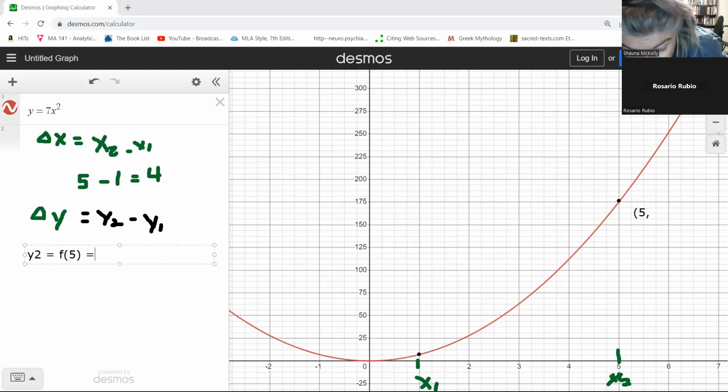And so that's equal to 7 times 5 squared, right? Everything good so far? Do you understand where we're going? Yes. So if you do this calculation, 5 squared is 25. 7 times 25 is 175.